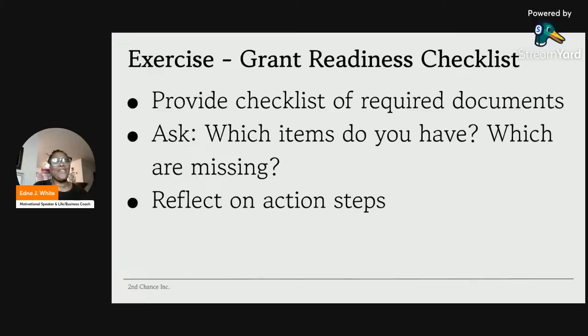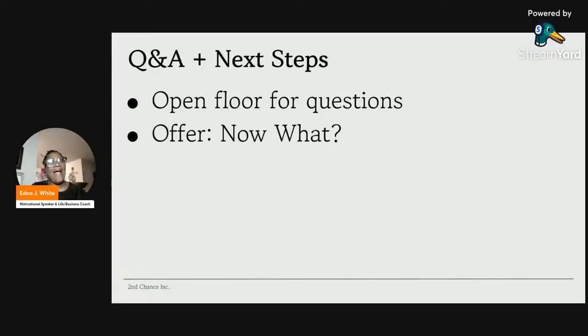Make sure you reflect on all these lists of the required documents. What are you missing? Reflect on your action steps. You need to have some action steps for which way you're going to go now. Now that I know that I don't have all these documents, that I'm not ready, now what do I do?